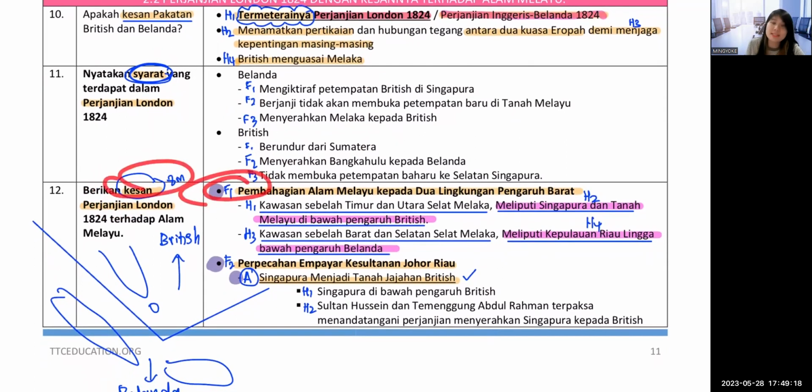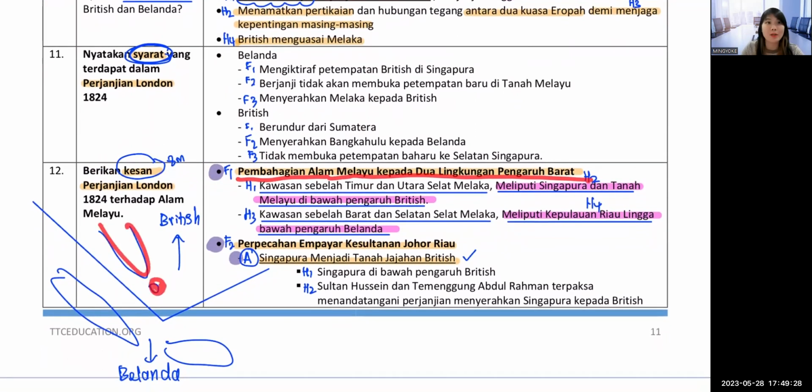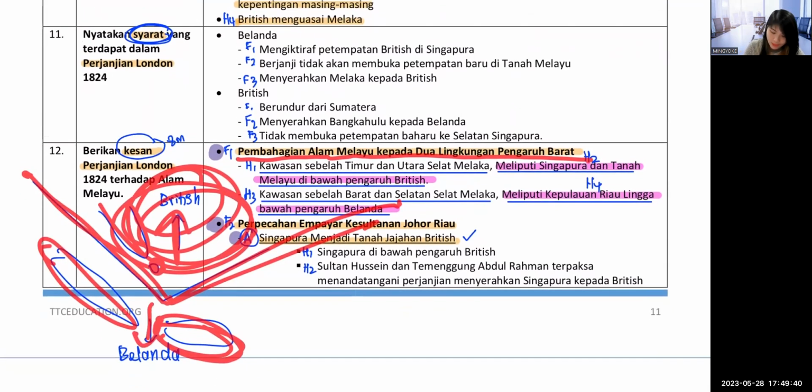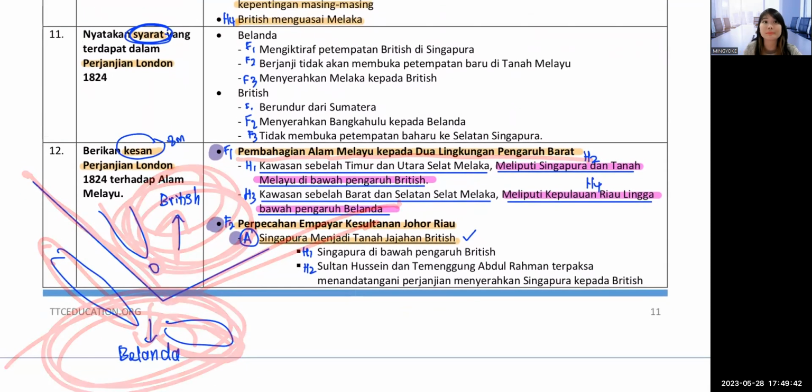Kesan 1 is that our Southeast Asia are divided into 2. Pembagian alam Melayu kepada 2 lingkungan pengaruh. Remember that our tanah Melayu and Singapore and Sumatra, Indonesia, they split into half. They split into half, where the top one is by British, the bottom one is by Belanda.